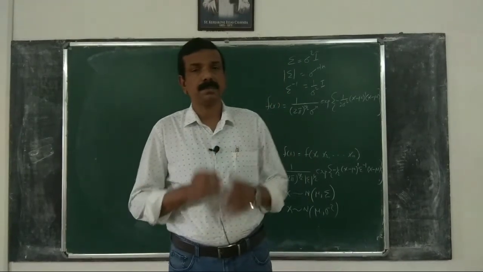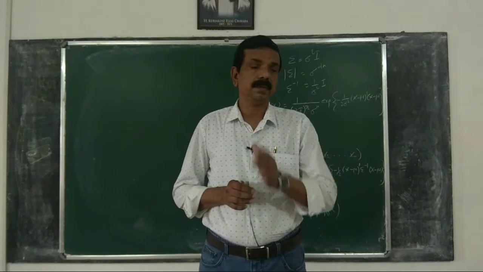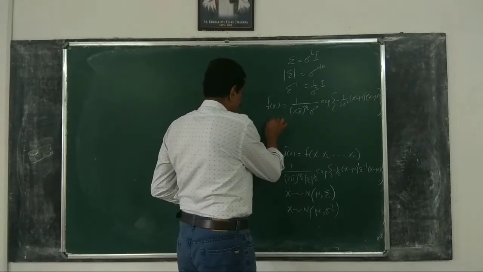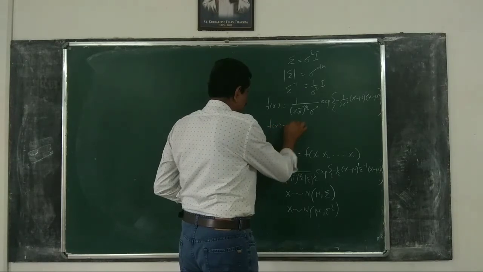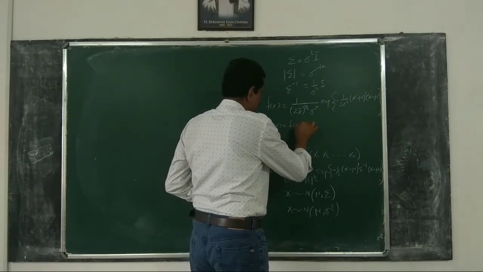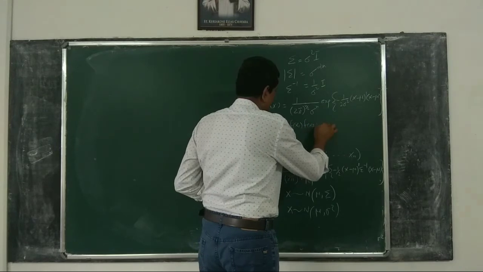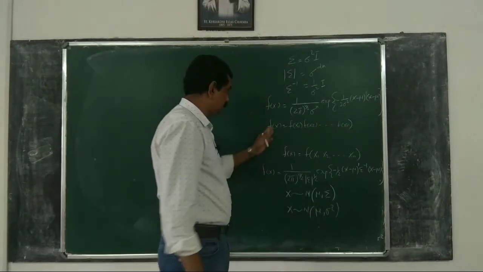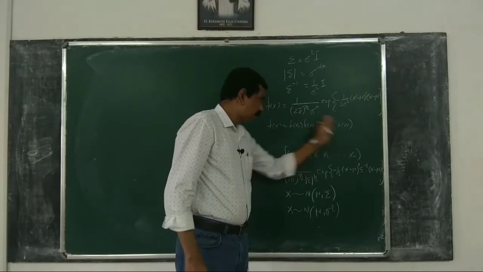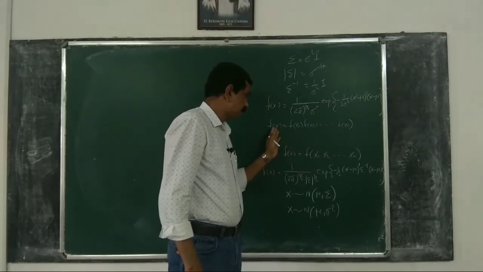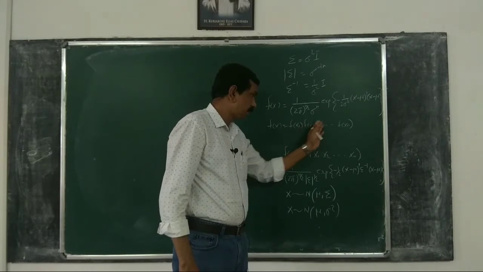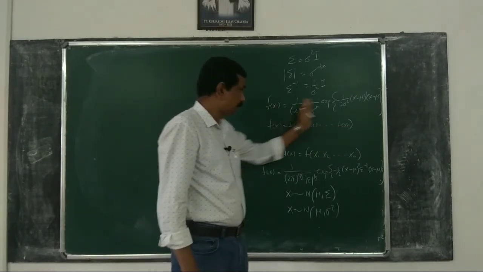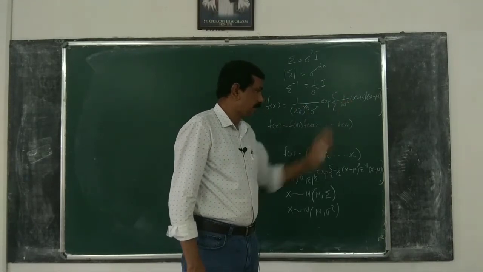And as we have written earlier, f of x is equal to f of x1 into f of x2 into etc., f of xn. And in matrix form, this is the formula.